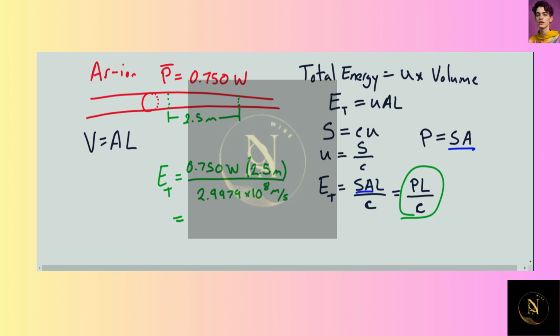Plug all that into your calculator, and you're going to get something like 6.25 times 10 to the minus 9 joules. And that's the total energy, that length of the beam.